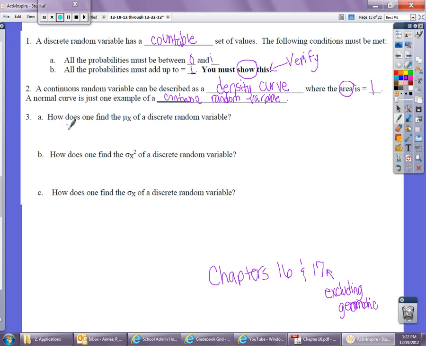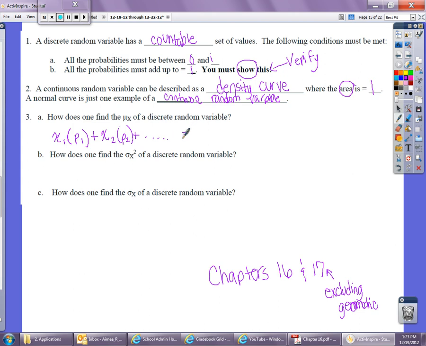Alright, number 3, how does one find the mean, mu sub x, of a discrete random variable? Okay? So this is when you have a table of values. We'll be looking at an example of that a little bit later in the packet as well. But you are basically going to take the first x value and multiply it by its probability. And then you are going to add the next x value and multiply by its probability. And then the third x value, and so forth.